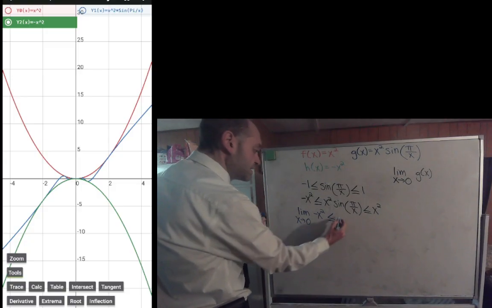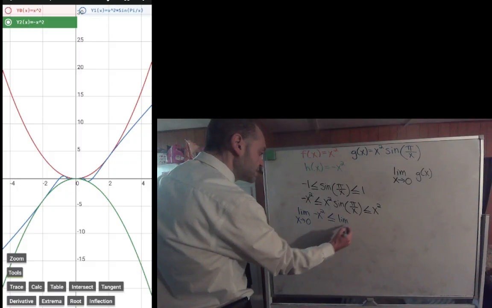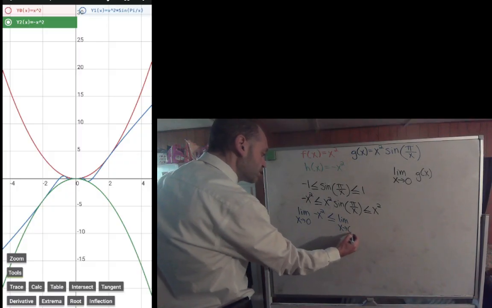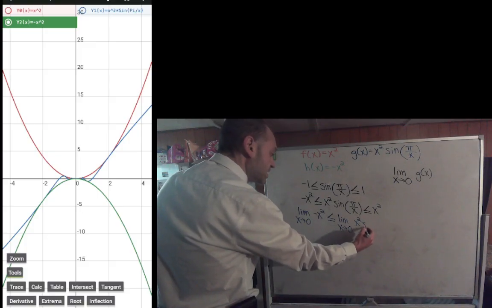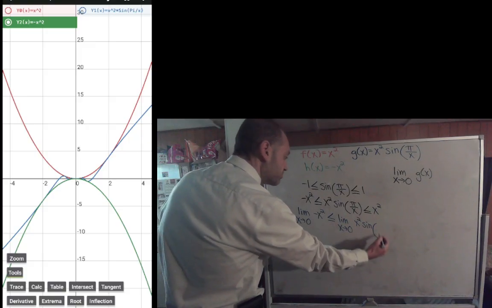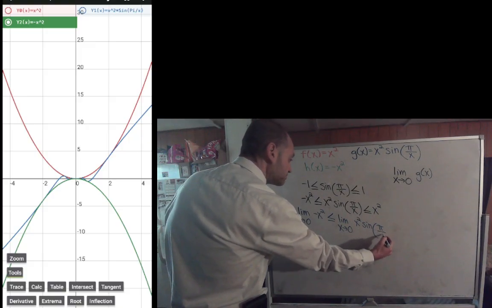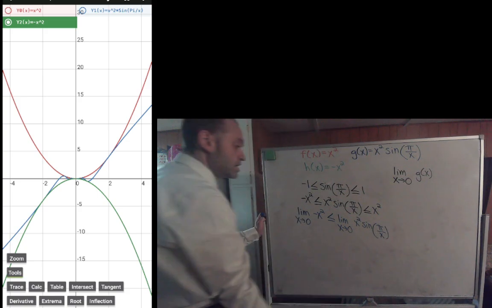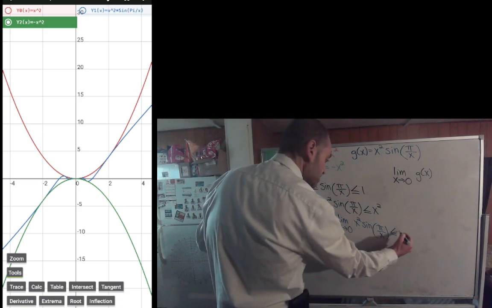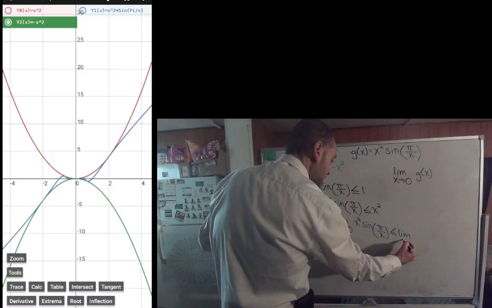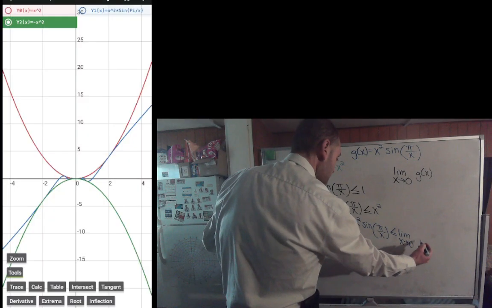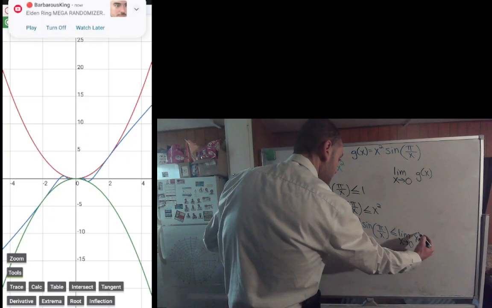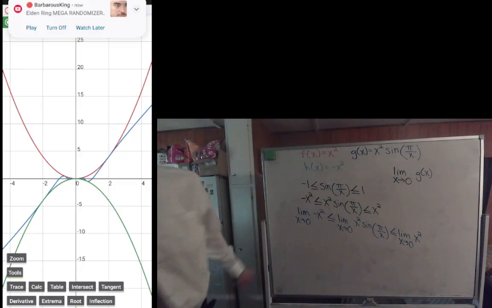set that less than or equal to the limit as x approaches 0 of x squared sine of pi over x, less than or equal to the limit as x approaches 0 of that positive x squared.